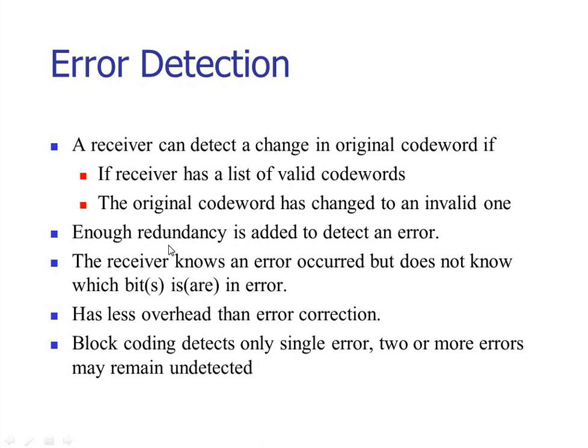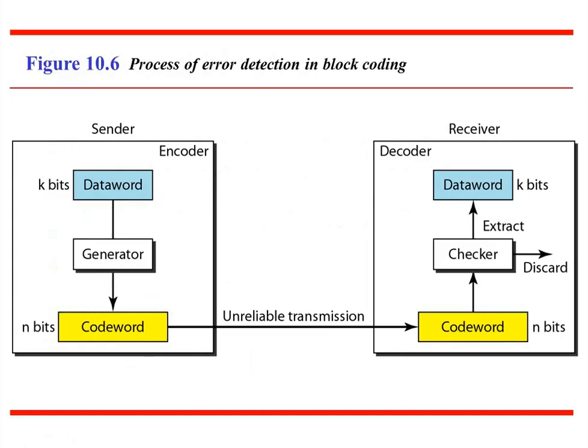Error correction requires more overheads because it requires more redundant bits to identify where the error has occurred. Block coding detects only a single error, and two or more errors can remain undetected. So block coding has the disadvantage that it can detect only one error, and if the errors are more than two, then it may remain undetected.